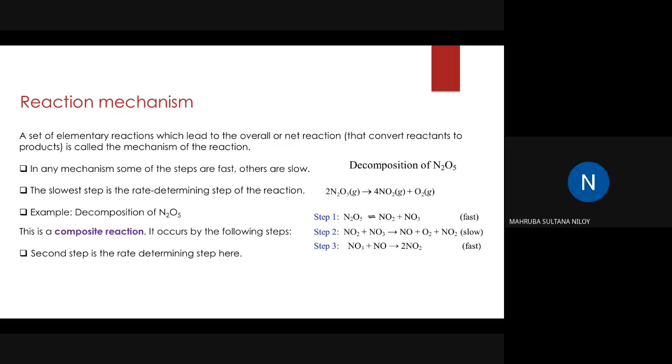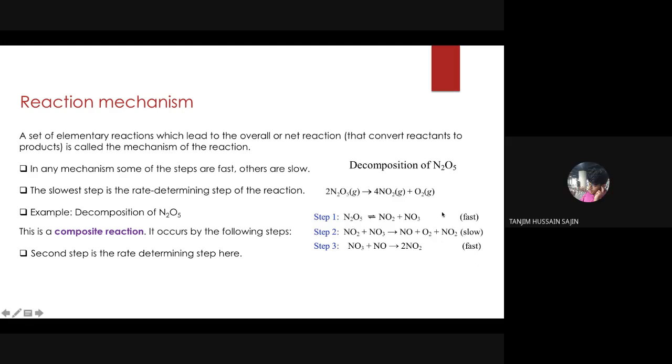Okay, so if we discuss reaction mechanism, then we have to know the steps by which this reaction occurs. So in reaction mechanism we try to understand step by step how the reaction occurs. In every step, you can see the elementary reaction, right?